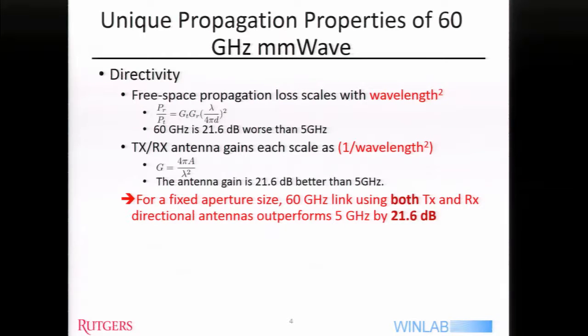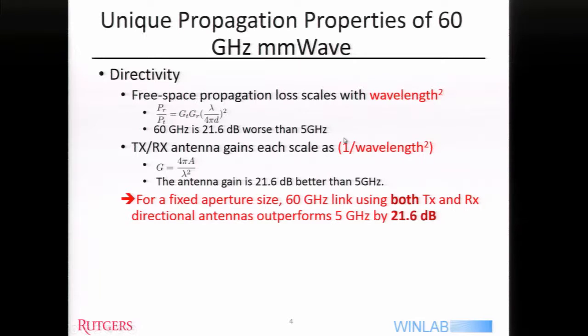And there are some unique propagation properties of the 60 gigahertz. The first thing is that the free space propagation loss scales as the square of the wavelength, so the 60 gigahertz will perform 21.6 dB worse than the 5 gigahertz.